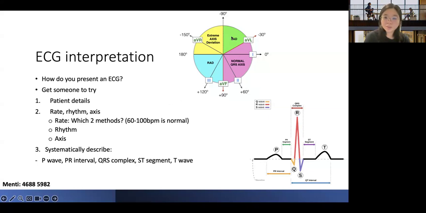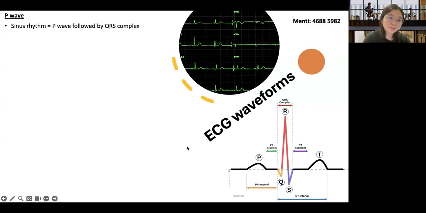You can look this up. It really helps. And then afterwards, you move on to describing each particular feature of the ECG waveform and do it systematically from the P wave to the PR interval, etc. So let's go into that.